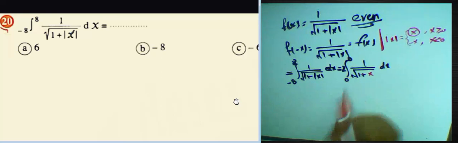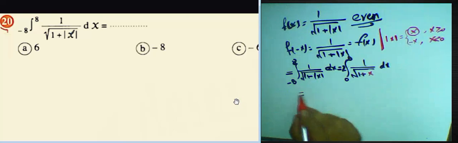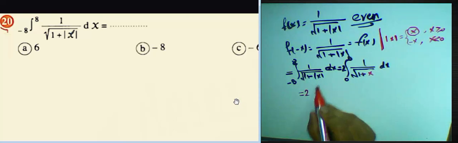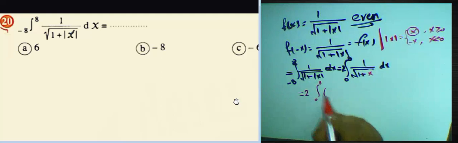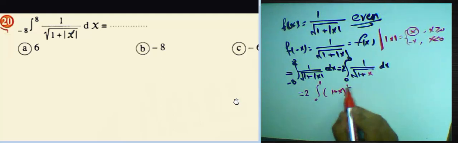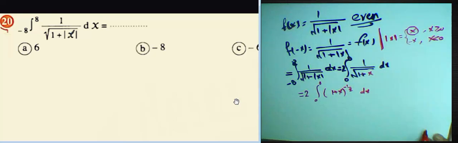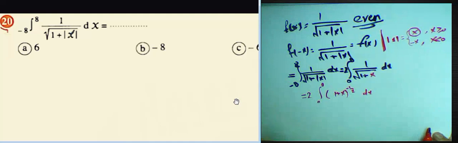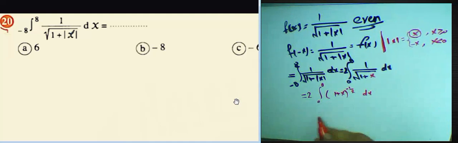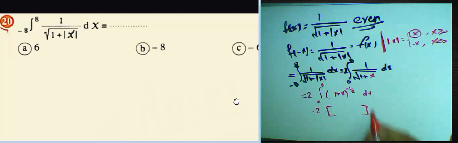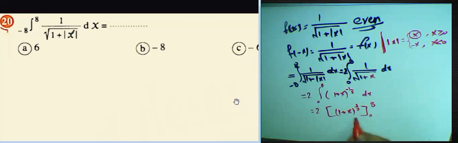Now you can find the integration. Write 2 outside, the integral of this function from 0 to 8, 1 plus x all to the power negative half dx. You can use a calculator to find the result, or add 1 to the power and divide by the new power. It will be 1 plus x to the power half, divided by half, from 0 to 8.